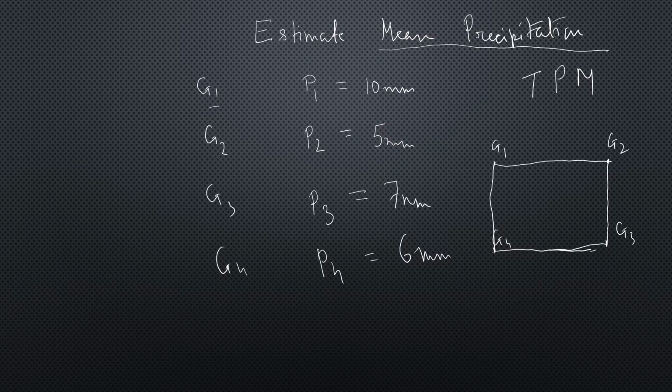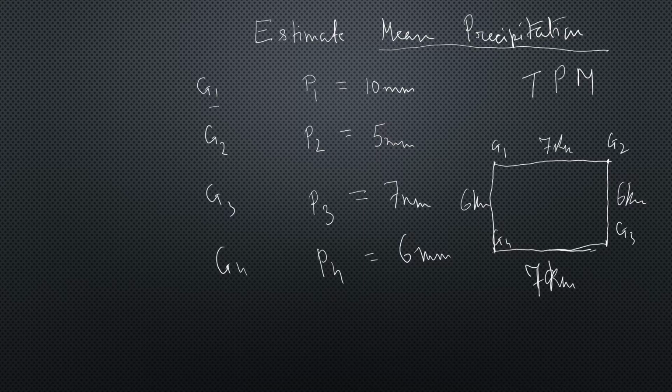Now if I know the distance between G1 and G2, or the length of this interconnected line, suppose this is 7 kilometer, this is 6 kilometer, this also 7 kilometer, and this also 6 kilometer.